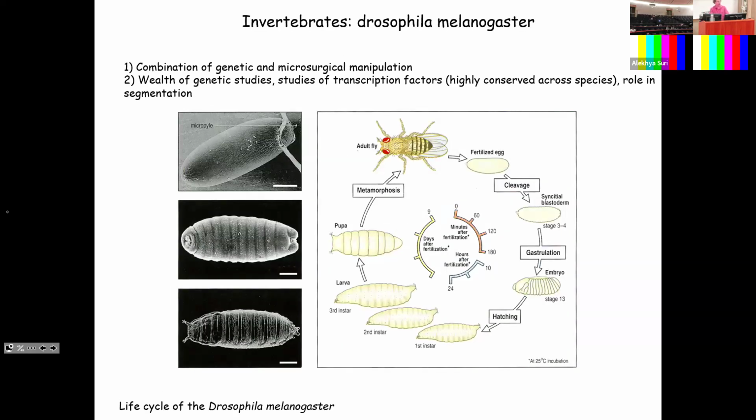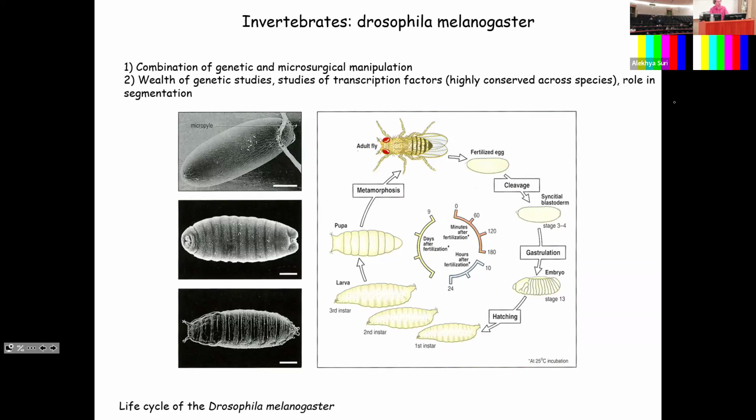For invertebrates, the Drosophila, there is a combination of genetic and microsurgical manipulation, a wealth of genetic studies, studies of transcription factors, role of segmentation. We can do lots of things, and you can appreciate that there's a lot of segmentation here, okay?